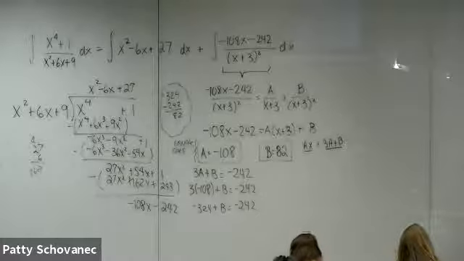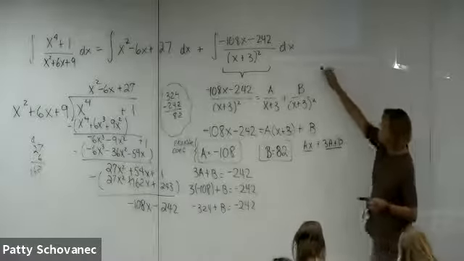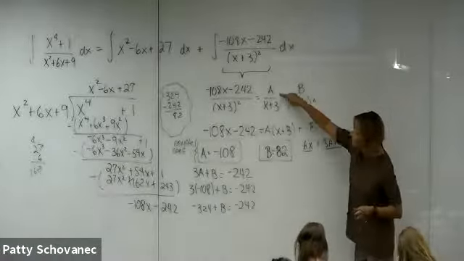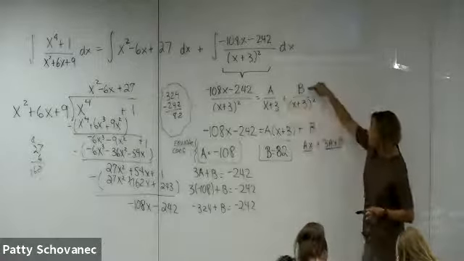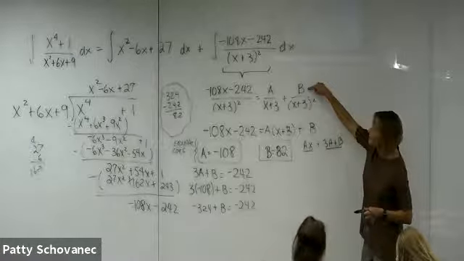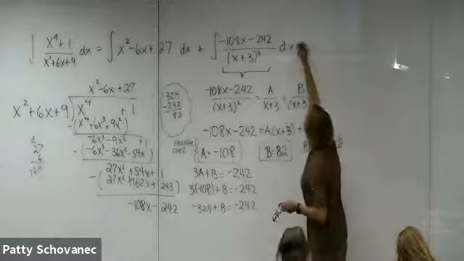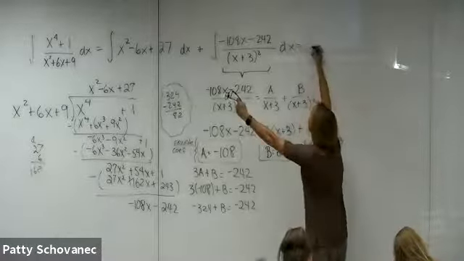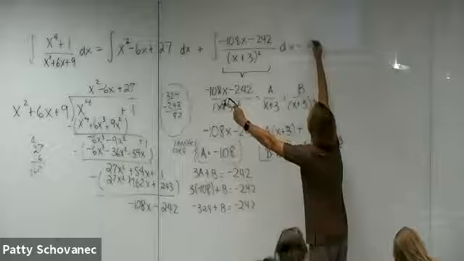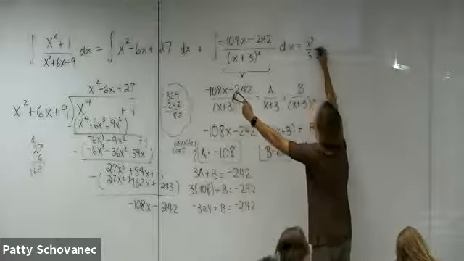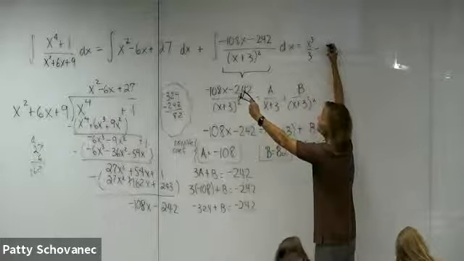Okay, so that means that we do this integral as negative 108 over x plus 3, and this one as 82 over x plus 3 squared. So let me go ahead and integrate here. In that first batch, I have x cubed over 3 minus, let's see, x squared over 2. 2 cancels.